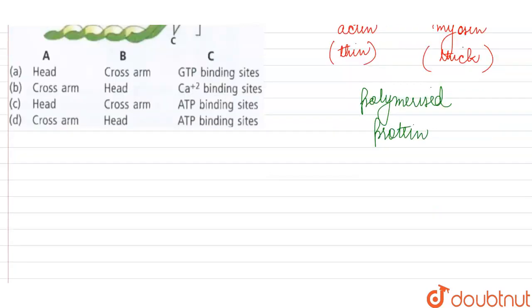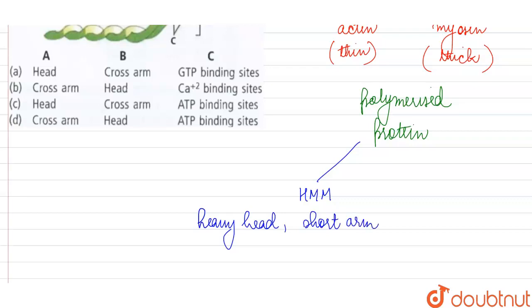On one hand, we have the heavy meromyosin, which makes up the heavy head and the short arm of our myosin protein, and on the other hand we have the light meromyosin, the LMM, which constitutes the tail.